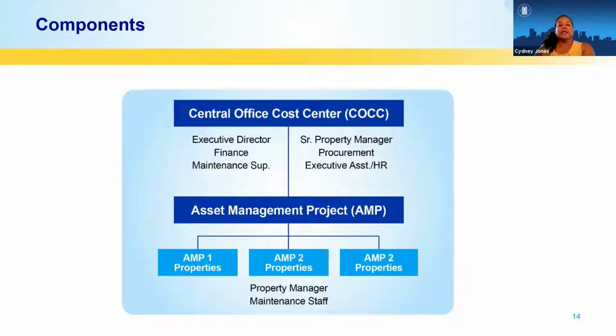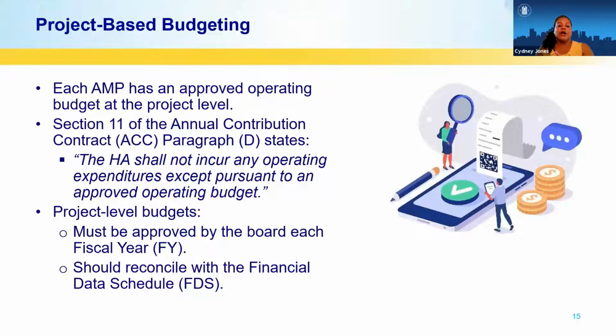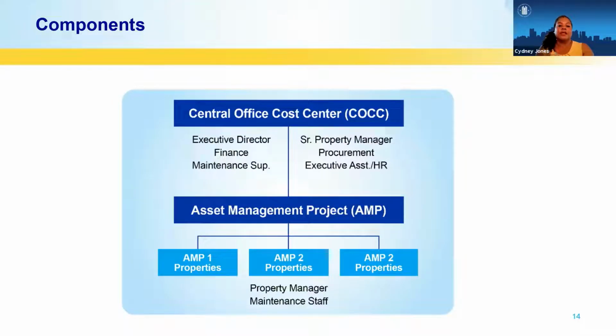Previously, HUD used to give the PHA one lump sum of money and say, here you go, manage all of your public housing properties. Well, that changed, and now HUD requires the money to go directly to the asset or property and be managed separately by each property.